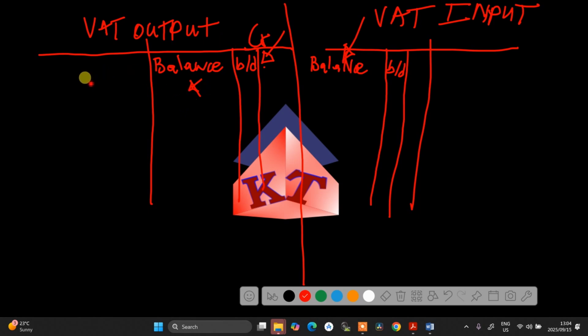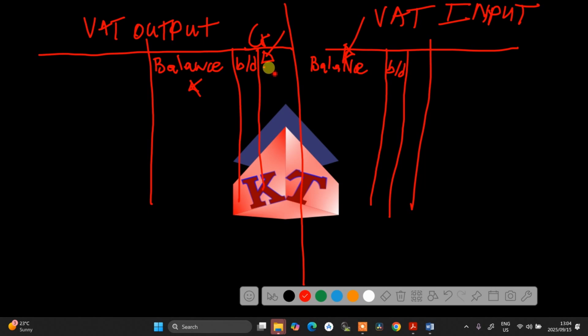And whenever you debit this VAT output account, that means there is another account that needs to be credited. So you write the name of the account and also the source of information, and then the amount. Okay, I know that this might be too much, but I'm going to explain this further as we proceed with the assignment. I just wanted you to have this general information.